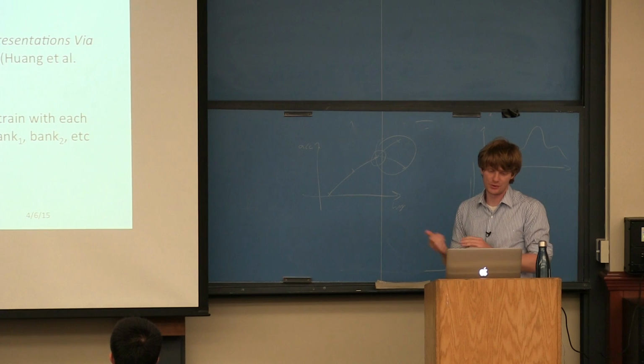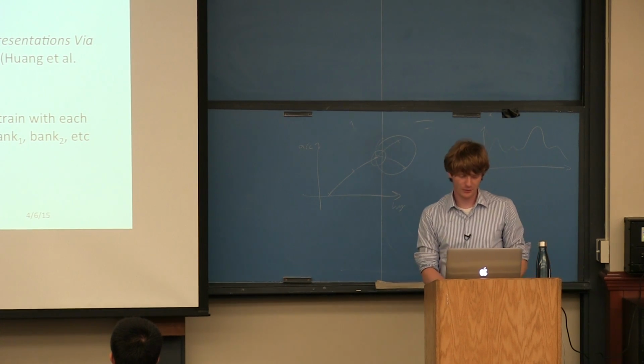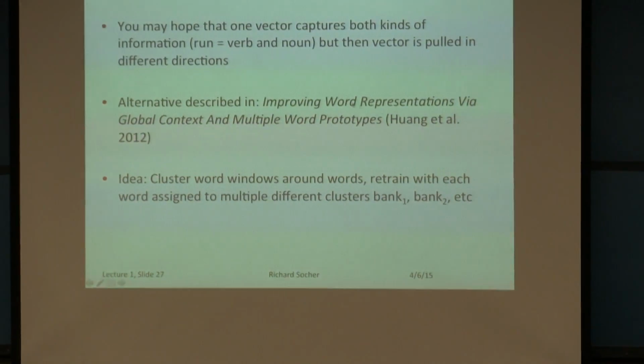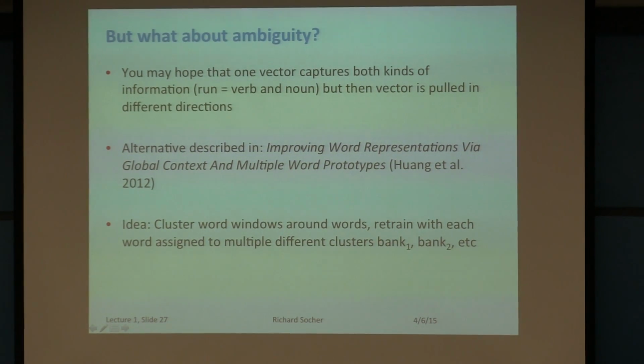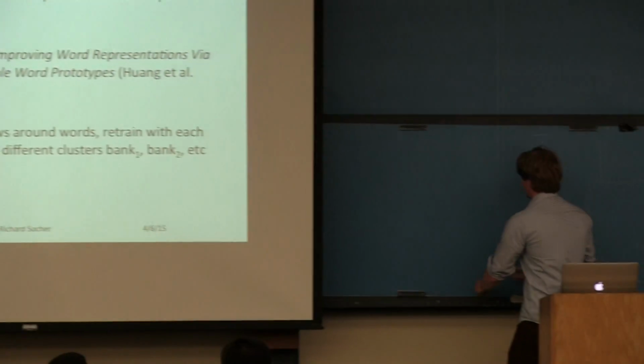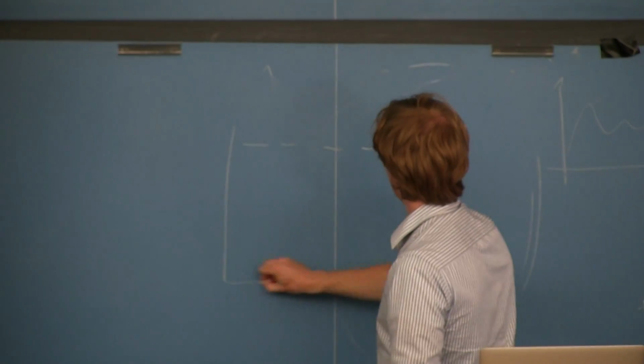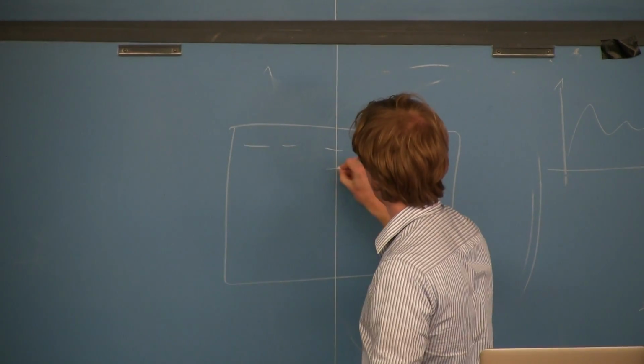Another option, which we explored with Eric Huang, who's now a PhD student here at Stanford, me and Chris Manning, is to improve these word vector representations by having multiple word prototypes. What we can do is concatenate all the word vectors that we have from a first system, and do that for all the words.